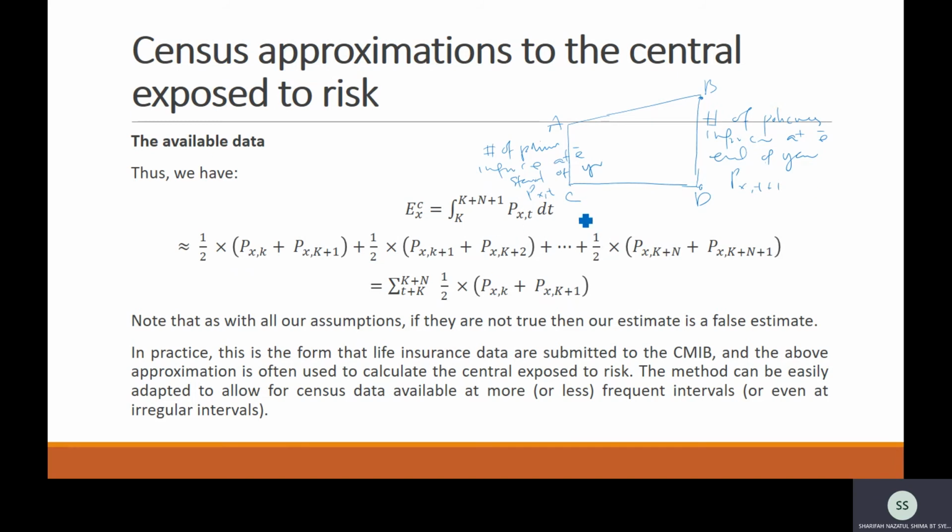The base is C to D, the period between the census dates. If it is one year, then the base is 1, for example 2015 to 2016, or 2016 to 2017.